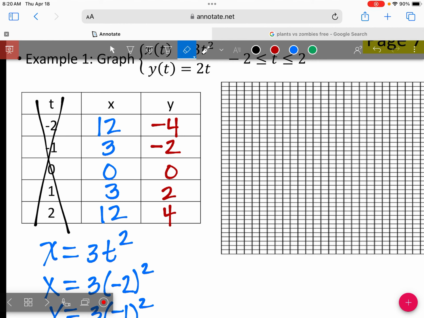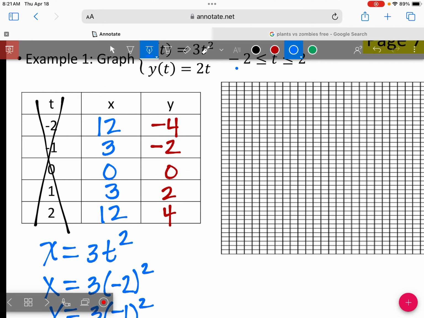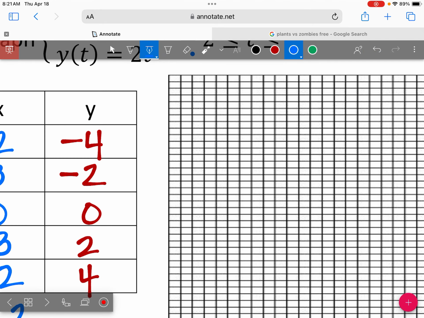And I also want to make sure that I'm not grading you on how you create your graph. You can create it whichever way you want to. I'm just telling you how I did it when I did the notes. So I'm going to pull it off to the side.